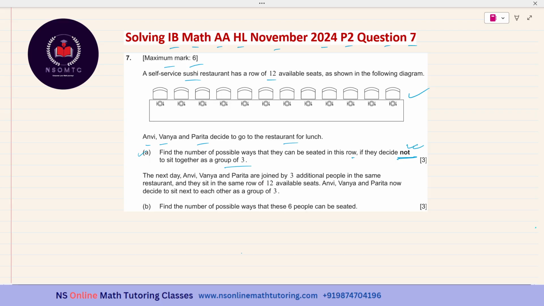Whenever you have this "not" something, in most cases, what do we do? We first find the total number of ways in which they can be arranged. This is a question of arrangement, because whether Vanya is sitting before Anvi or after Anvi is not the same.